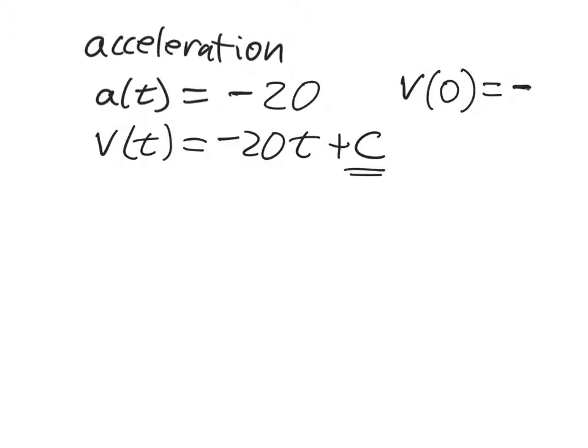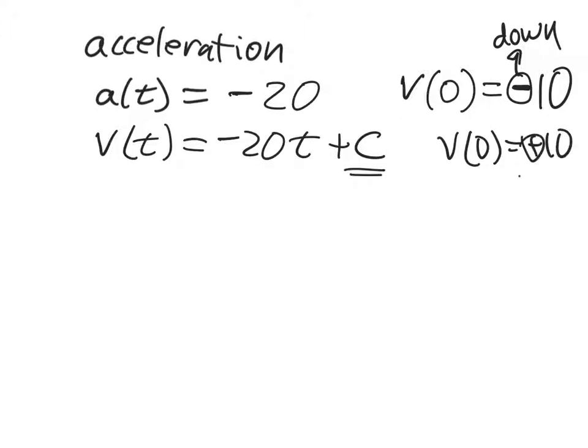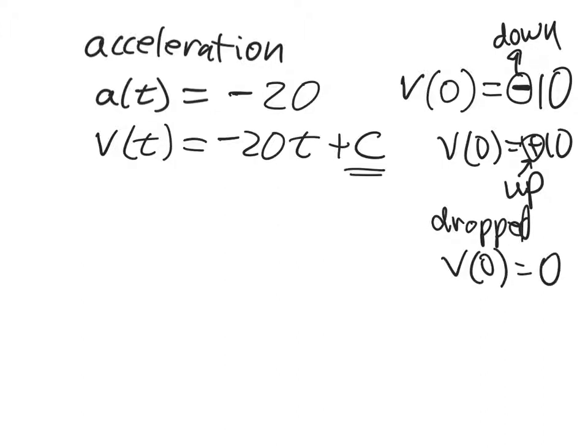Thrown down, negative 10. Thrown up would be positive. What if it is just dropped? Zero. Okay, the initial velocity would equal 0.